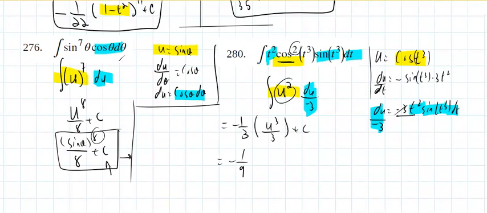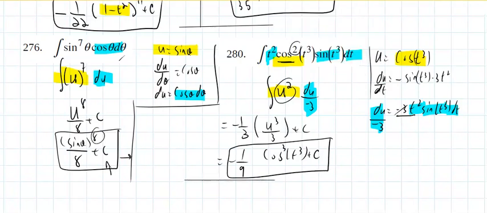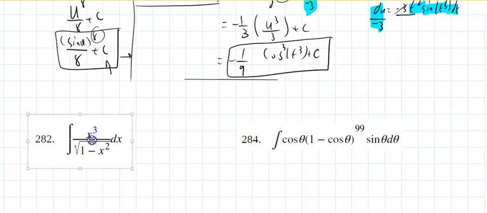That is negative 1/9 times u. Well, u was the cosine cubed of t cubed plus c. All right.